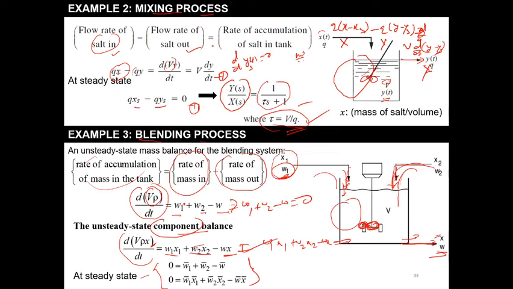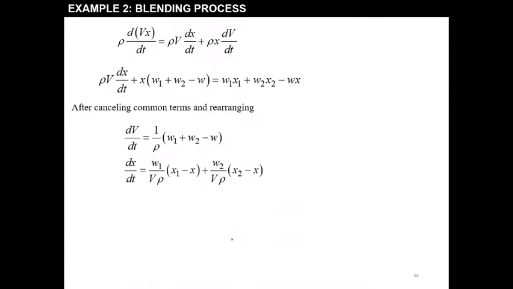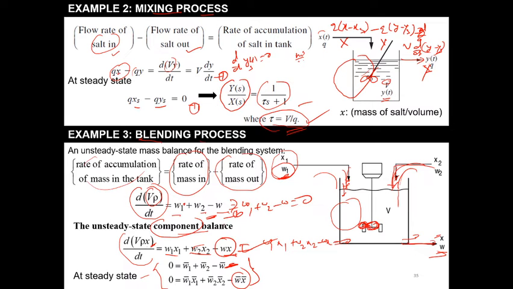So when you subtract this equation from this equation, and this equation from this equation, you will get two different equations. Based on those equations you can write the final equation like this. Is there any problem? So this is the type of blending process, right?